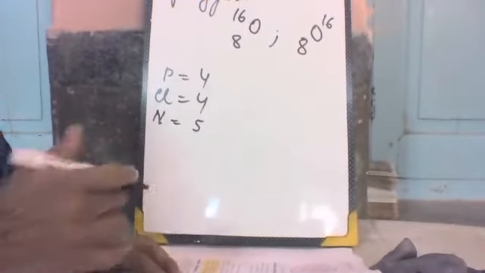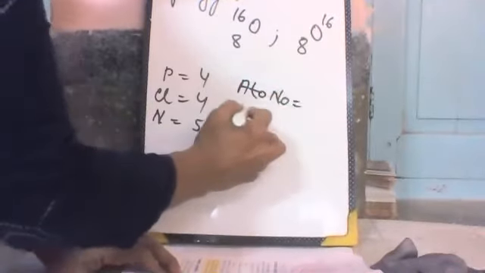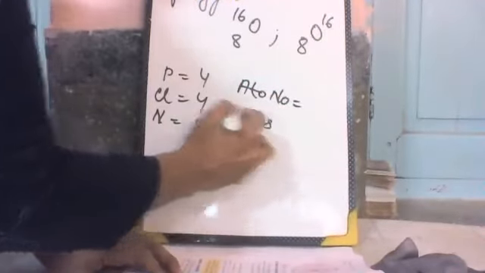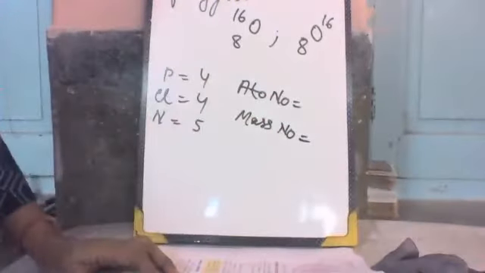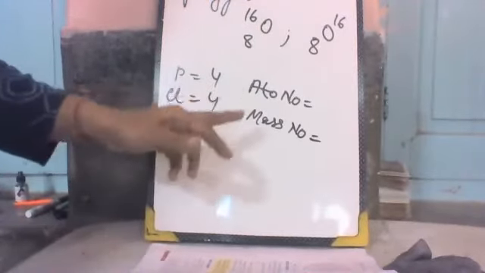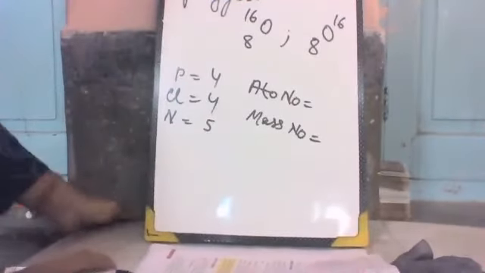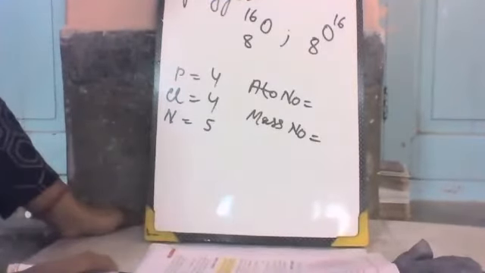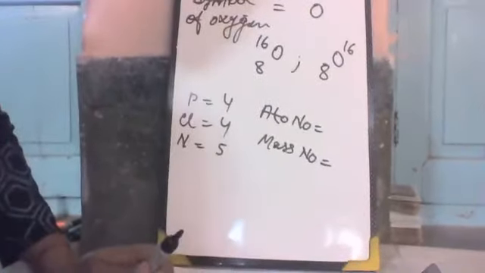Now tell me, what will be the atomic number and mass number from this given information? What would be the atomic number and mass number if we know the number of protons, electrons and neutrons?